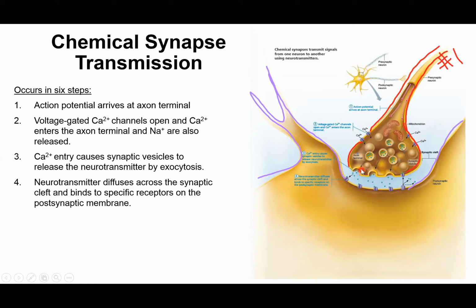The spilled out contents are called the neurotransmitters, and the neurotransmitter is going to diffuse across the synaptic cleft, and it's going to bind to a specific receptor that's going to be located on the receiving membrane of neuron number 2, okay? Also called the postsynaptic membrane.